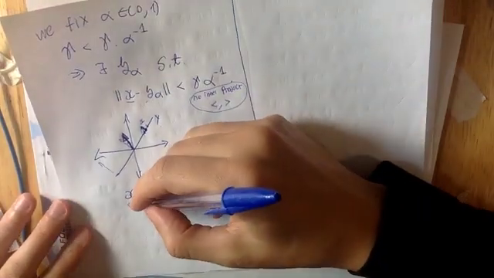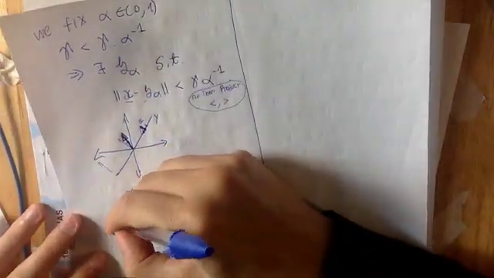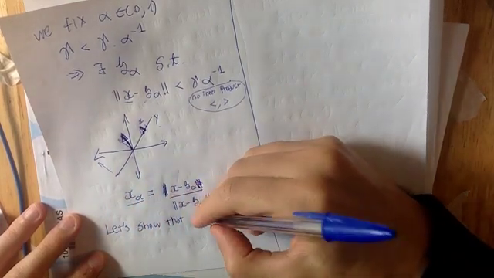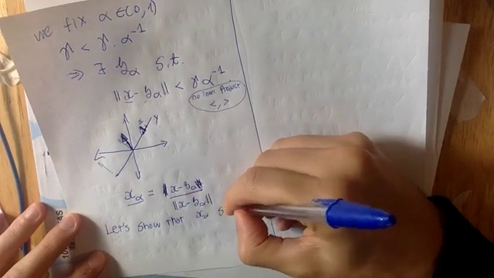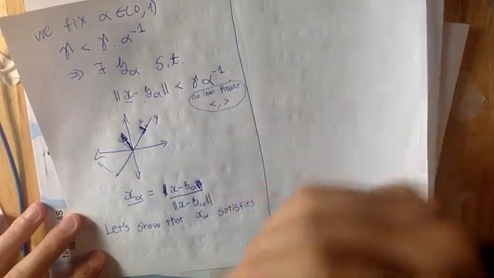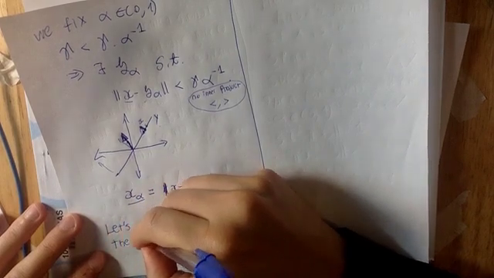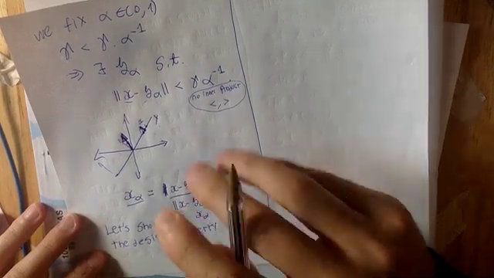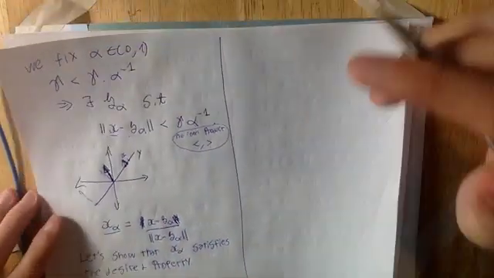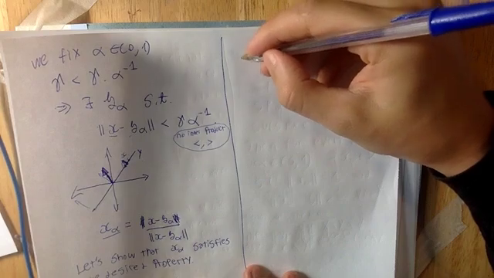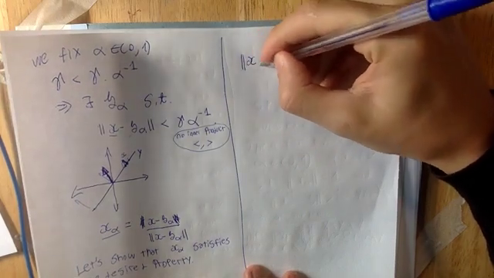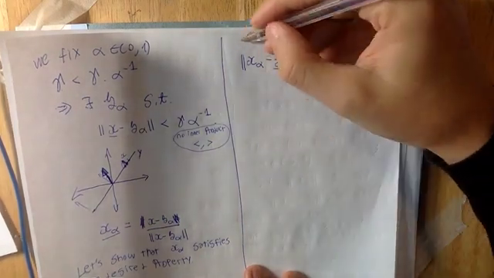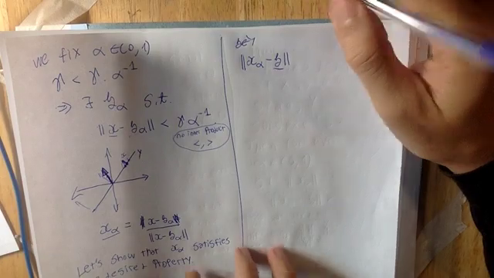So now let's show that x alpha satisfies the desired property. Okay, so how do we show that? So we take x alpha minus y, where y is any vector. So we take y in y, and we take x alpha minus y.